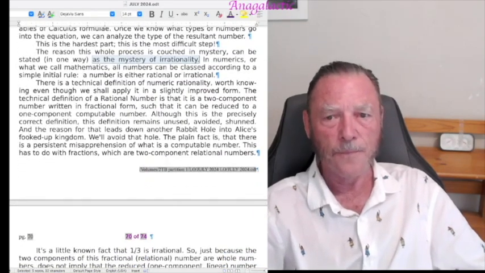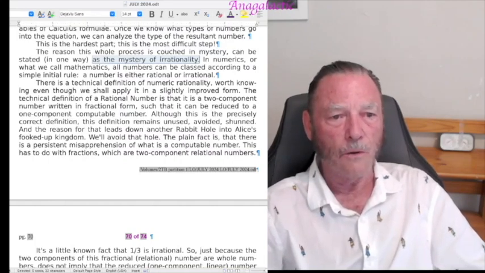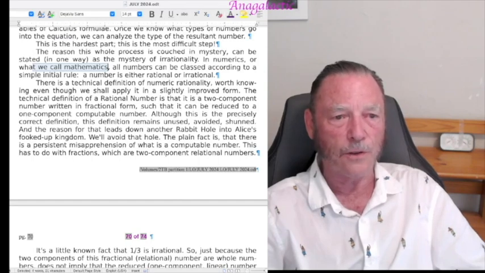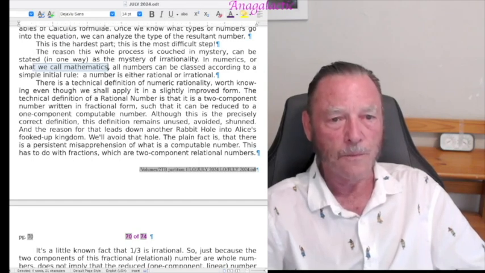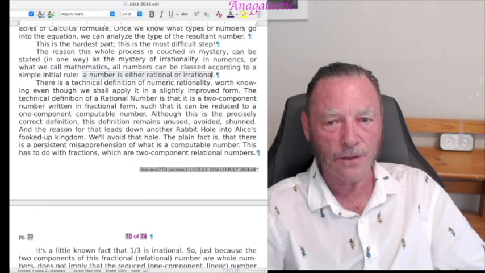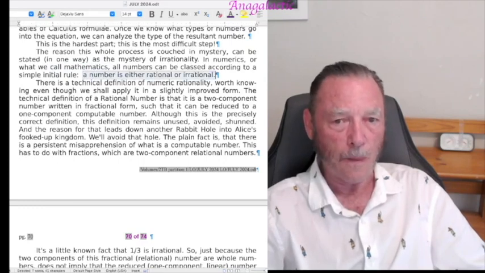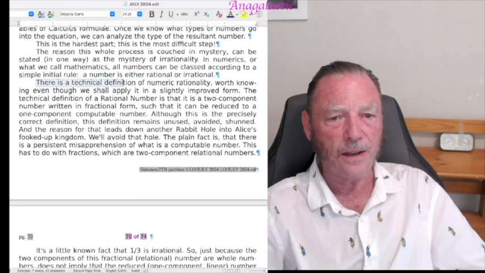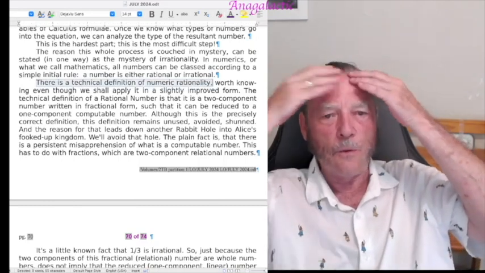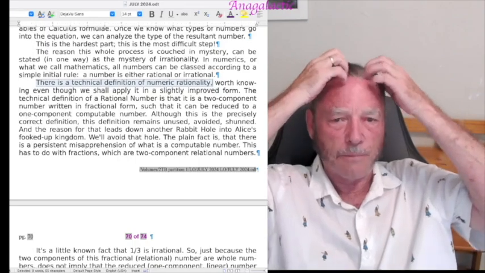Let's go on. In numerics, or what we call mathematics, all numbers can be classed according to a simple initial rule. A number is either rational or irrational. There is a technical definition of numeric rationality worth knowing, even though we shall apply it in a slightly improved form.